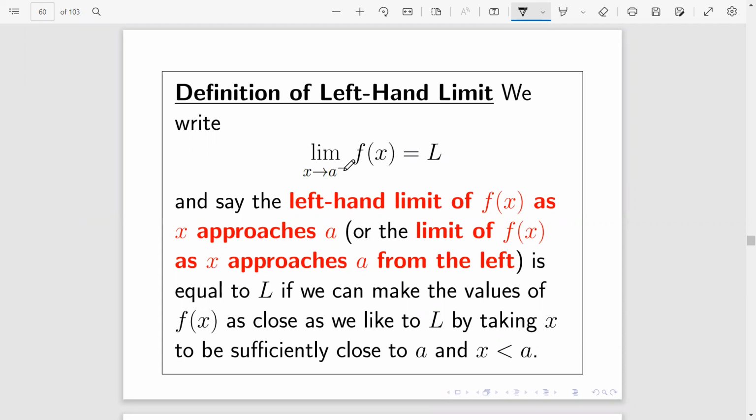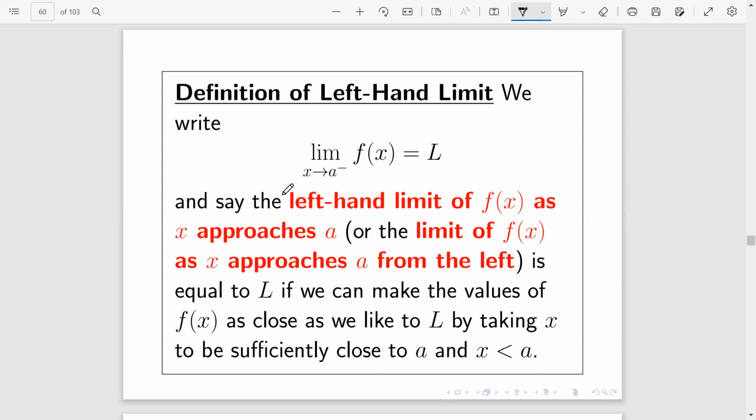So that's why we didn't have an exponent there. But in this case, we put this negative here, but this is a notation. This is not -1, or any negative point. We just put this minus here to show that we're talking about the limit from the left. We call this the left-hand limit.